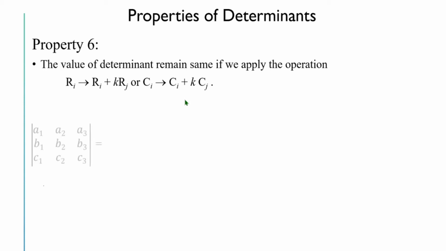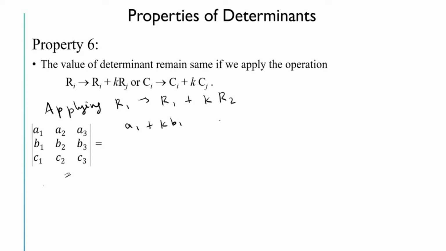So, say for example, if we apply R1 changing to R1 plus k into R2, where k is any non-zero number, then this determinant will be equal to the one where the first row will be a1 plus k into b1, a2 plus k into b2, a3 plus k into b3, and the second and third rows remain the same.